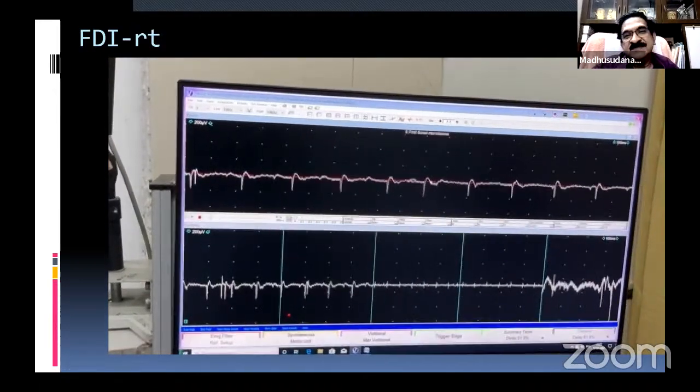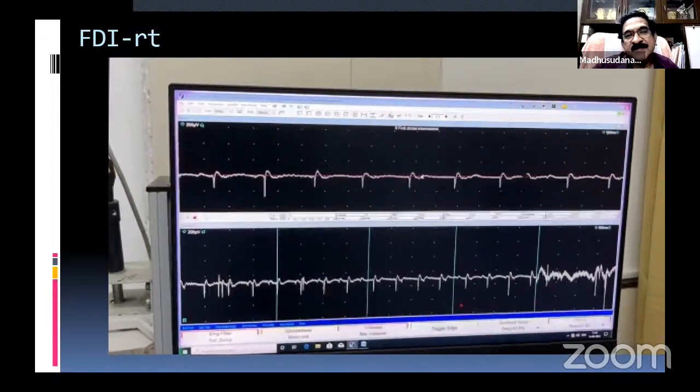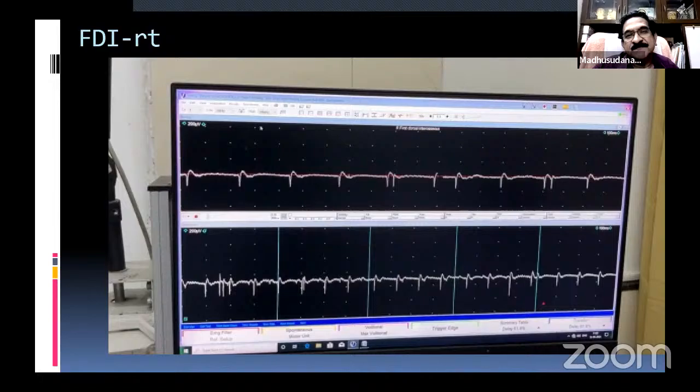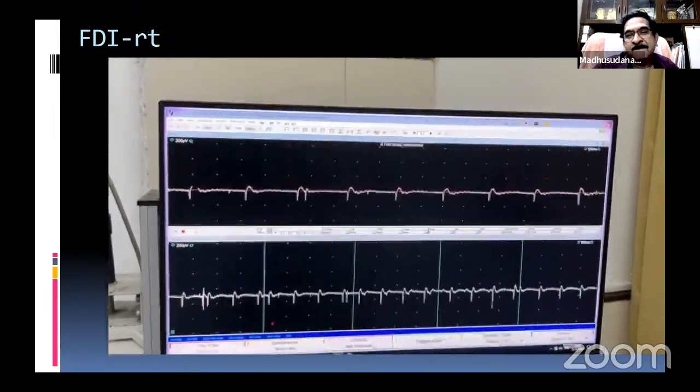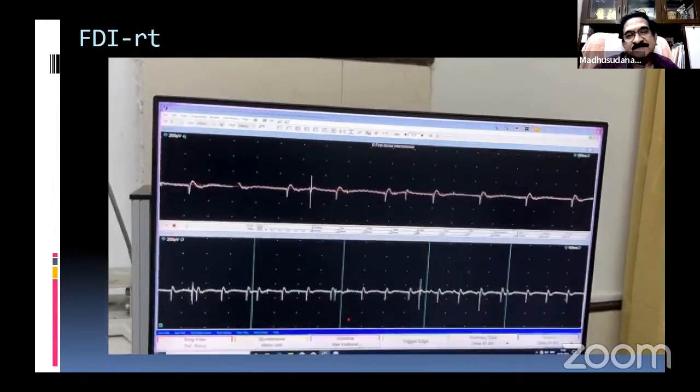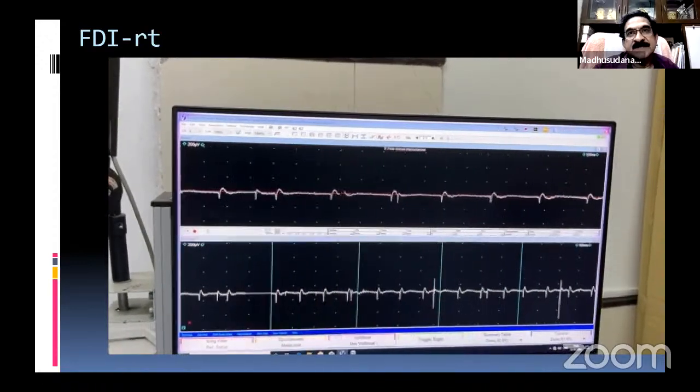Positive sharp waves and fibrillations. In between, you can find the fibrillation also, and fasciculations in between. That's a fasciculation. That is on the FDI.